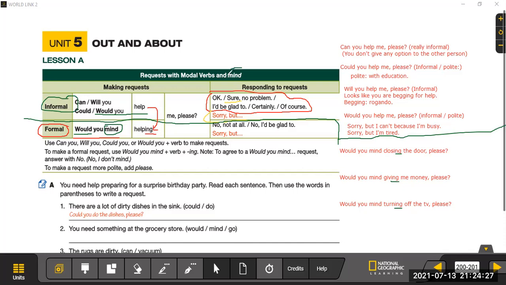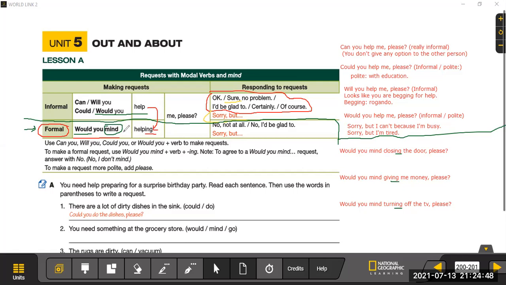But if you use mind, then the idea of the question changes. It is formal, but it's a grammatical rule. That is why you see ing.